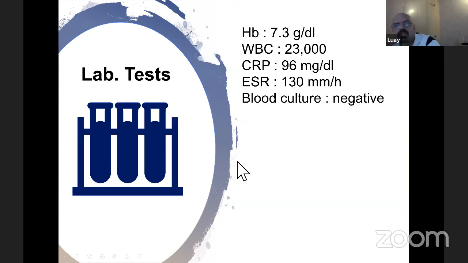The lab tests all show very bad results. The hemoglobin was 7.3, white blood cells showed severe leukocytosis at 23,000, CRP was elevated, the ESR was 130, and the blood culture we did twice, for aerobic only, was negative.